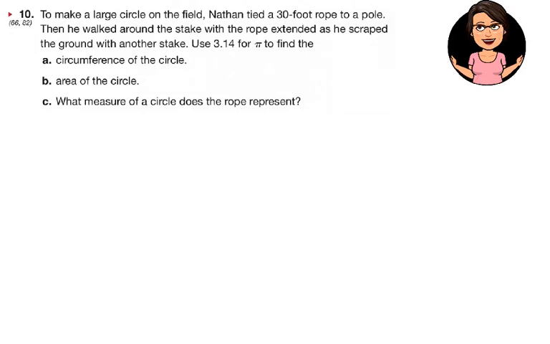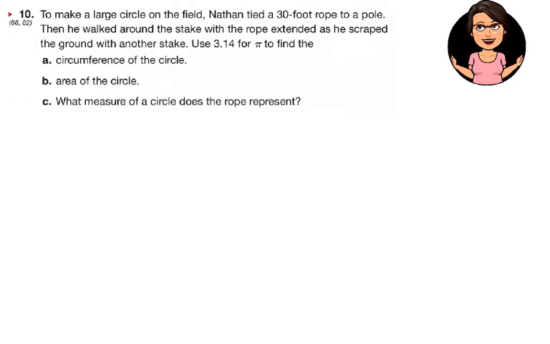To make a large circle on the field, Nathan tied a 30-foot rope to a pole. Then he walked around the stake with the rope extended as he scraped the ground with another stake. So basically he just made a great big giant circle. They want to know the circumference and the area, and what measure of the circle does the rope represent.